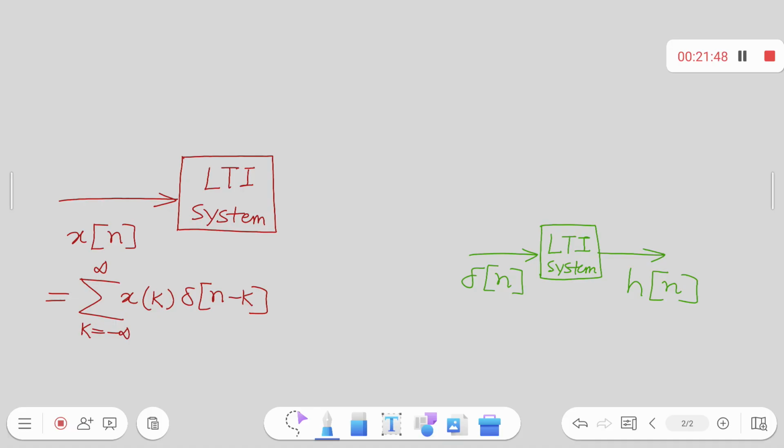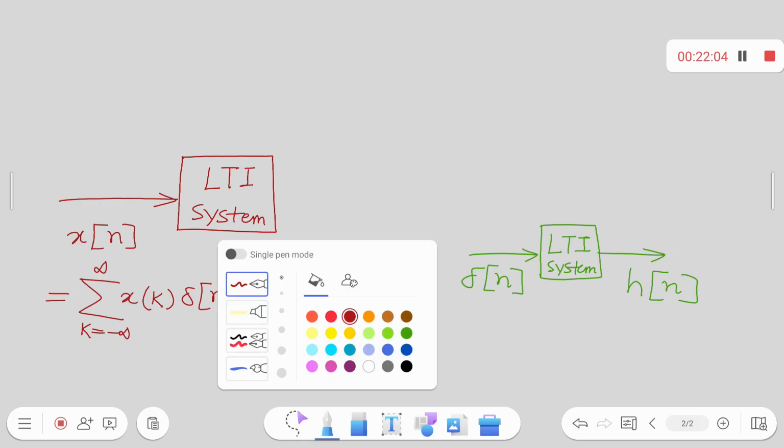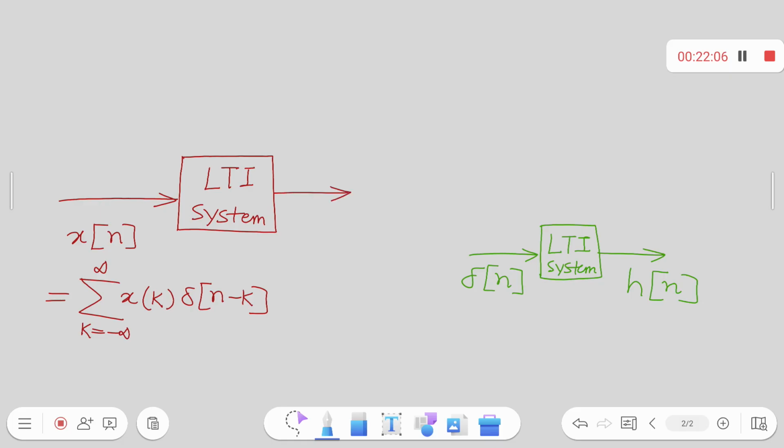The input is x of n, which is given by summation over k equal to minus infinity to plus infinity x of k delta n minus k. This is not equal to delta of n. But you know h of n, and you need to find out the value of the output. We call this output y of n. What is this y of n?